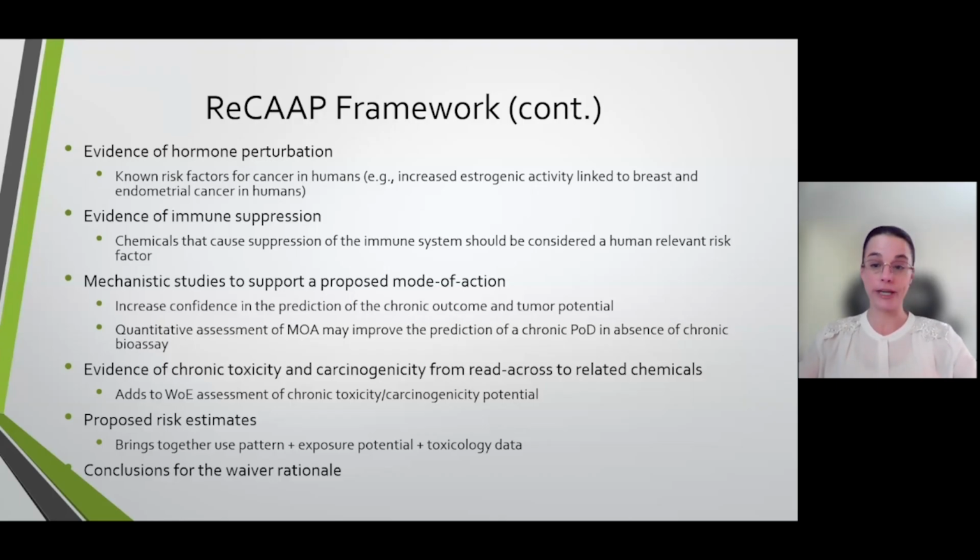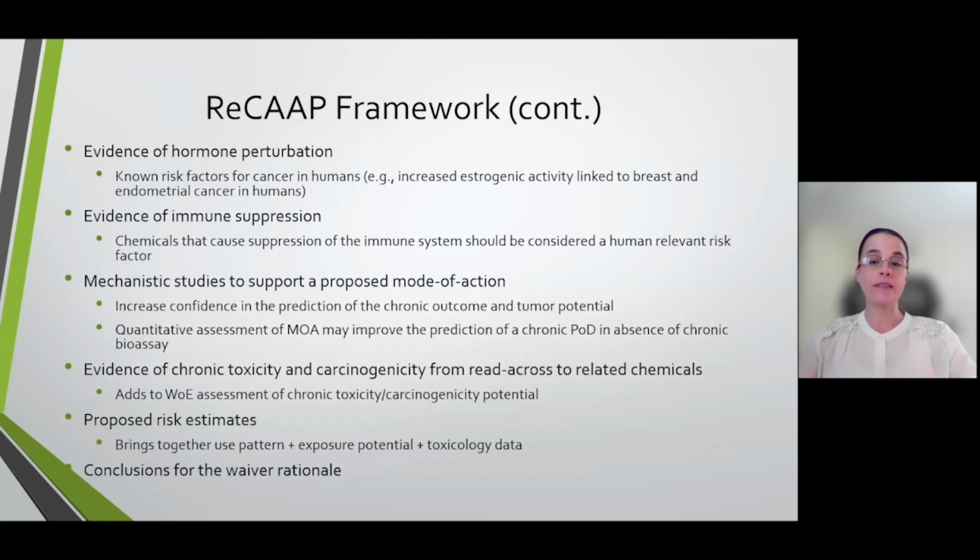That point of departure should consider all of the data available. So you're looking at your ADME, your mode of action data when applicable, your read across results, the entirety of the toxicity database. We briefly touched on subchronic toxicity, but if you have developmental toxicity data, reproductive toxicity data, any additional mechanistic studies or information on key events, all of that should be pulled together in order to inform your point of departure selection.